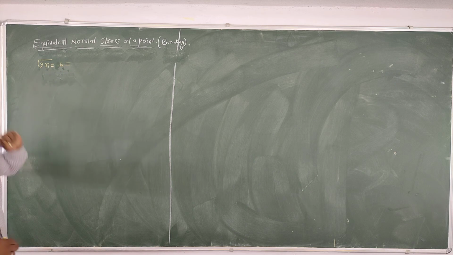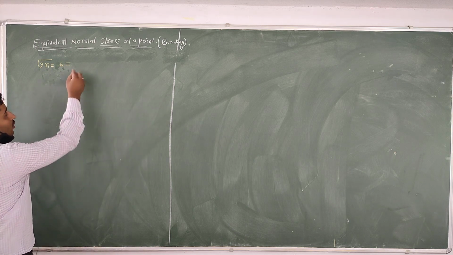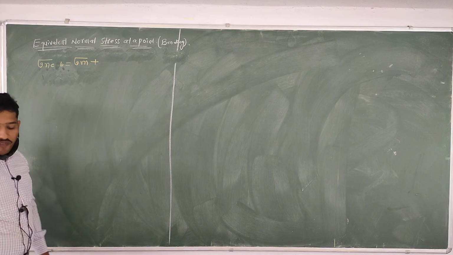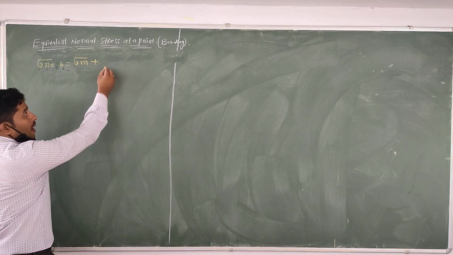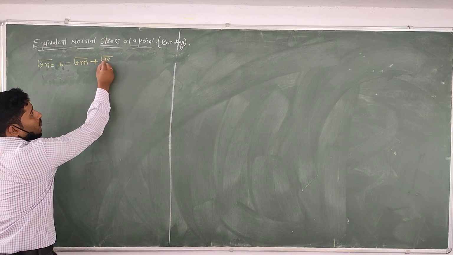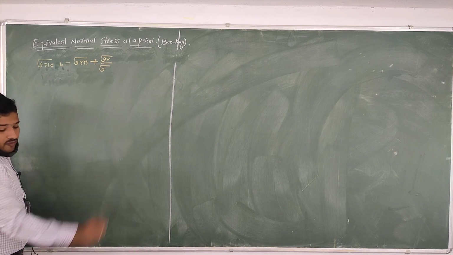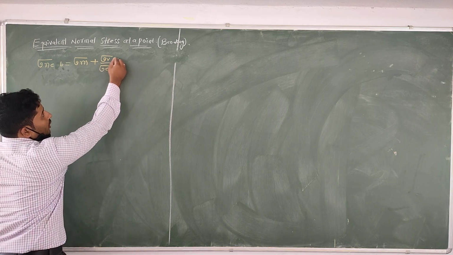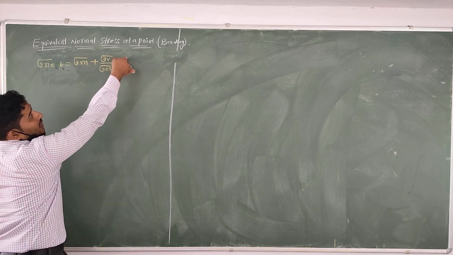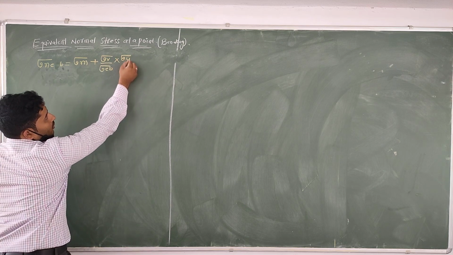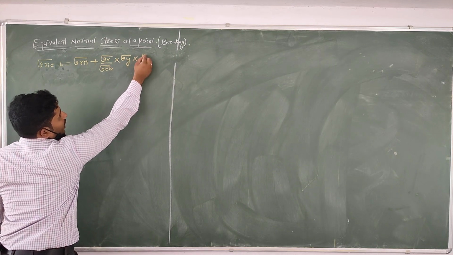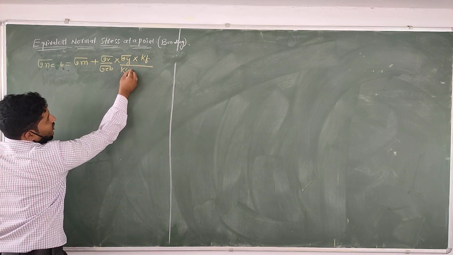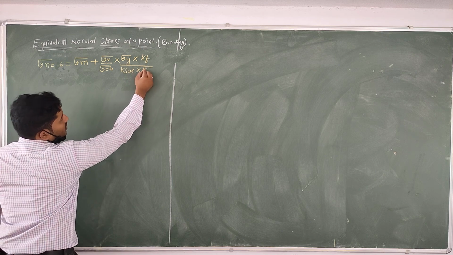We can use the formula sigma m plus, which formula we have to use? I told you, sigma v by sigma eb, into sigma m by sigma y, into Kf, by K surface finishing factor into K size factor.